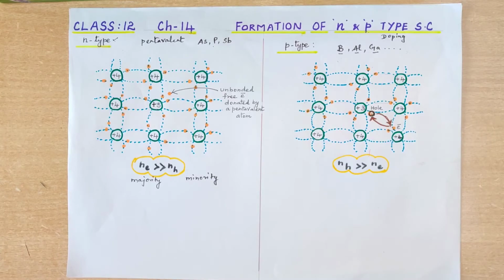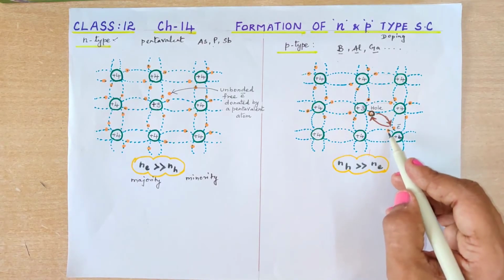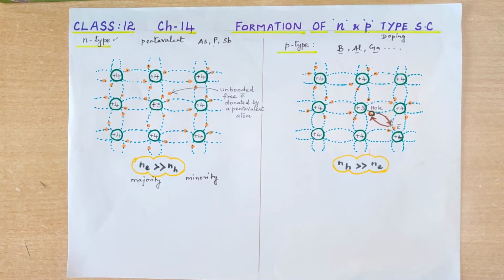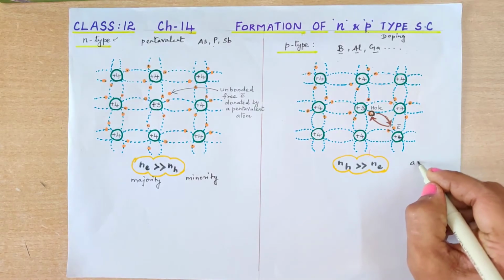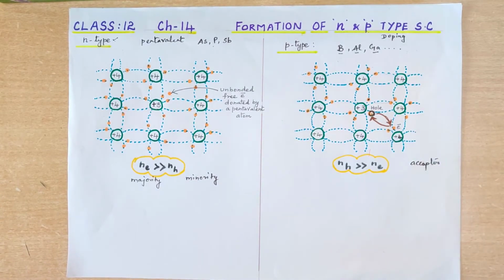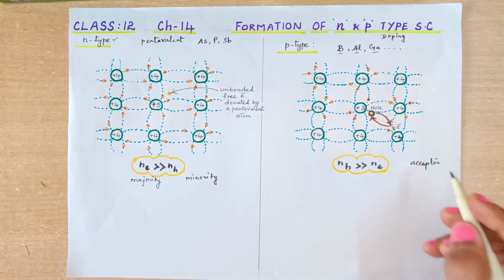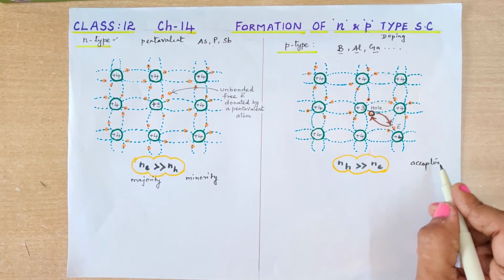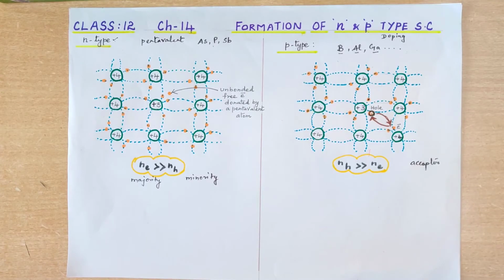As we know already, holes behave as positive charge carriers, and this hole is available for conduction. These holes are created by the acceptor atoms because the impurities here are called acceptors. Therefore, the number of holes are contributed by the acceptor atoms and also by the thermal generation.